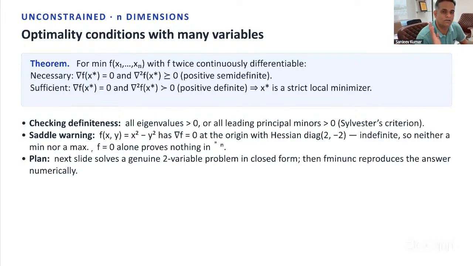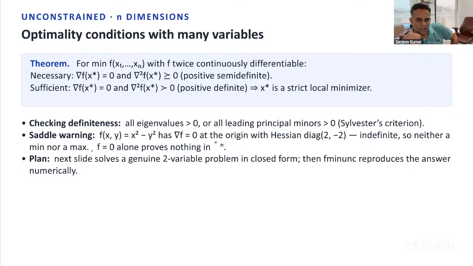The easiest way of checking it, using the definition of eigenvalues and eigenvectors, is that a matrix is positive definite if and only if all its eigenvalues are strictly positive.